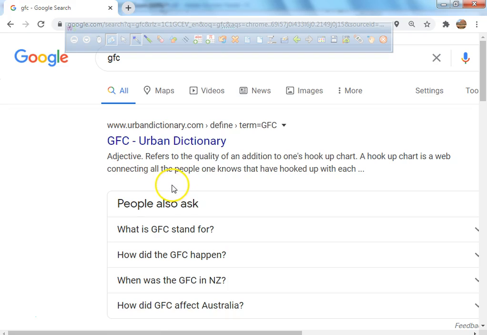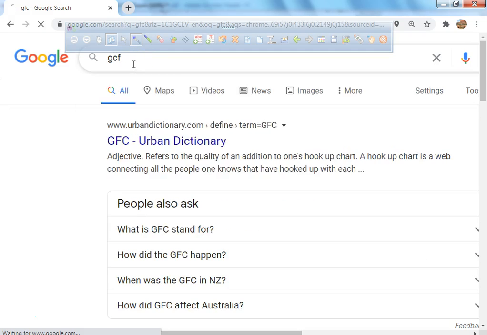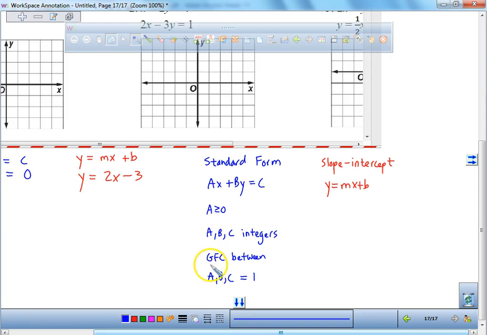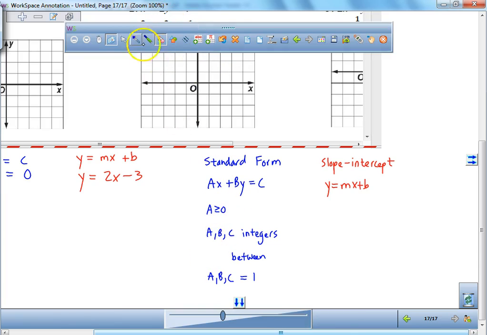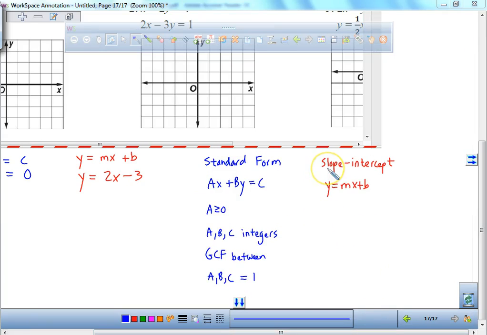Oh wait, my bad, I wrote GFC. It's GCF, greatest common factor. My apologies. There we go. But you can just Google it. See, greatest common factor, GCF. There you go. All right, so you know I'm not making this stuff up.